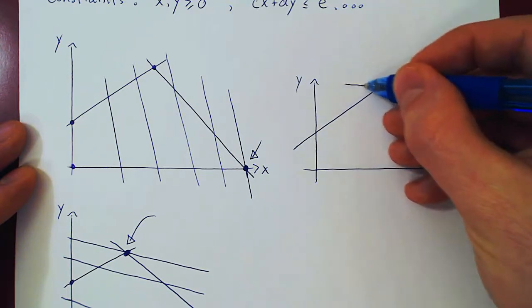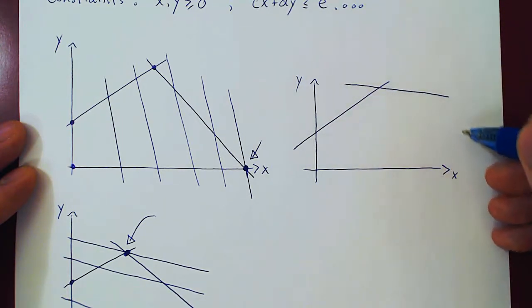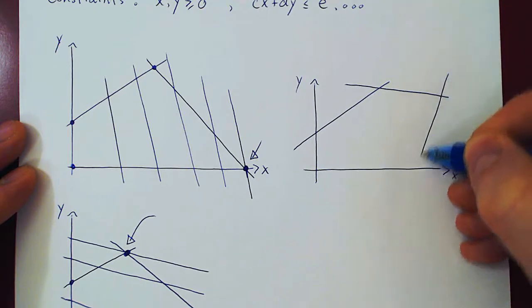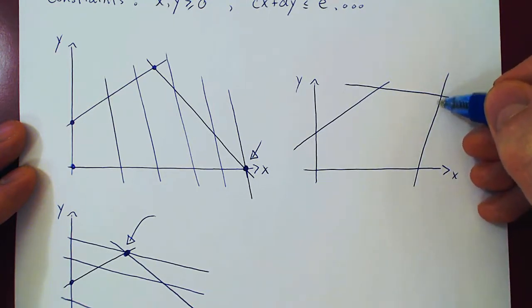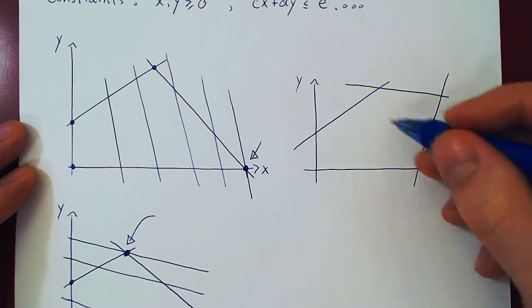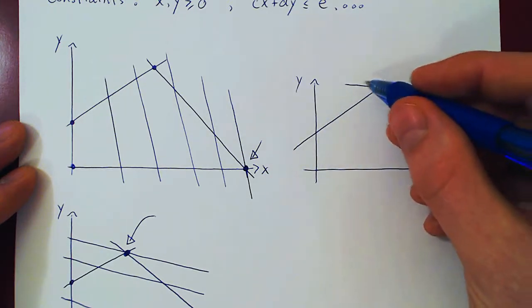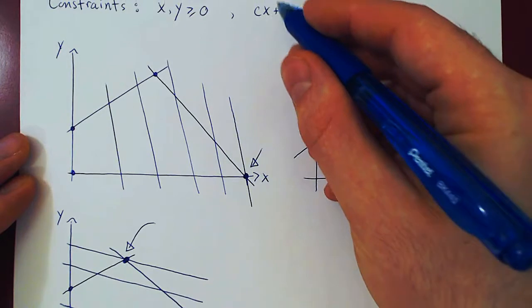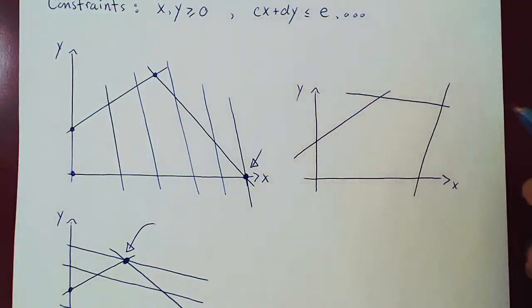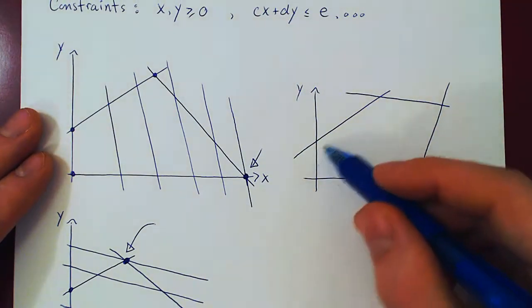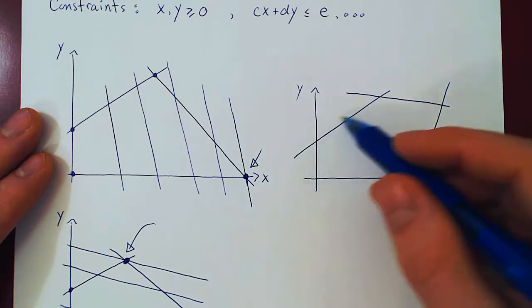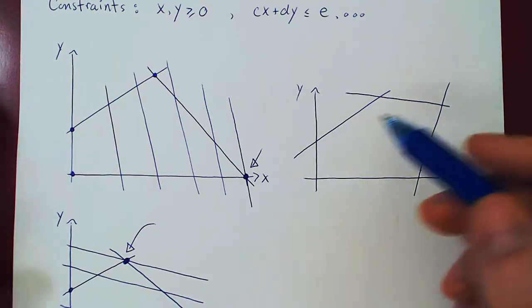You could have another line like this, and we'd have to be below this line, and you could have another line like this, and we'd have to be, in this case, above this line. So then you'd have the following region. And as you add more and more such constraints, you get a slightly more complicated region, but you can clearly see the argument will be the same.